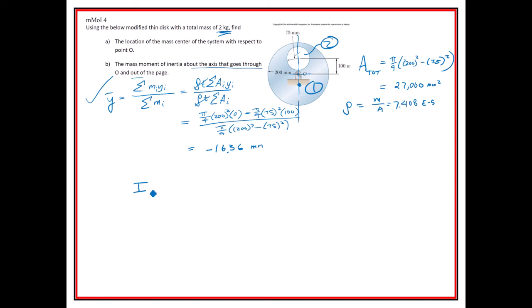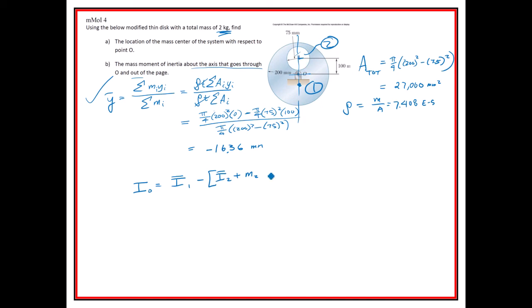So I of O is going to be I1 minus I2, but plus M2 times the distance it has to move right here.